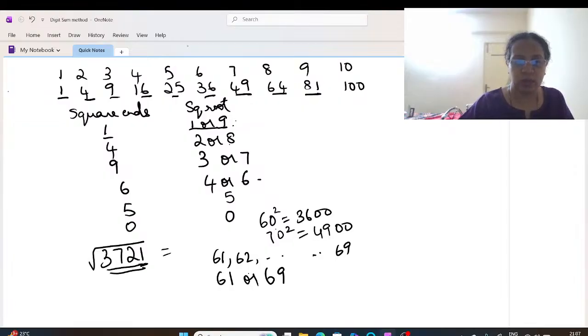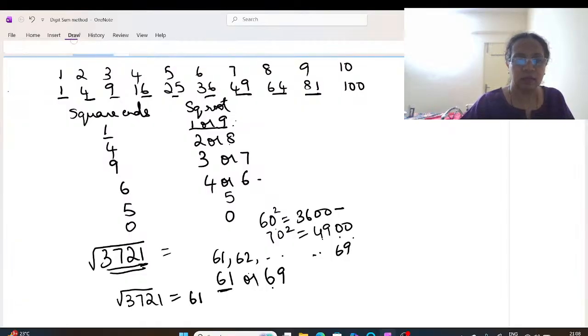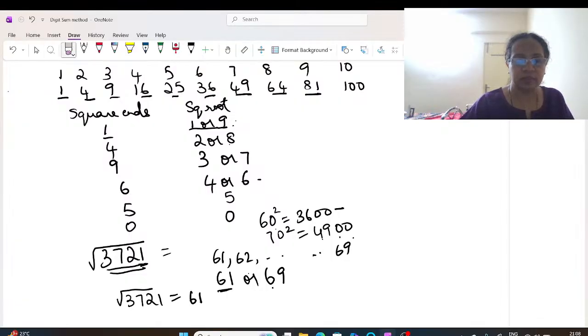Since 3721 lies closer to 3600 and not to 4900, its square root will be 61. If it was closer to 4900, the square root would have been 69. Let's take another example.